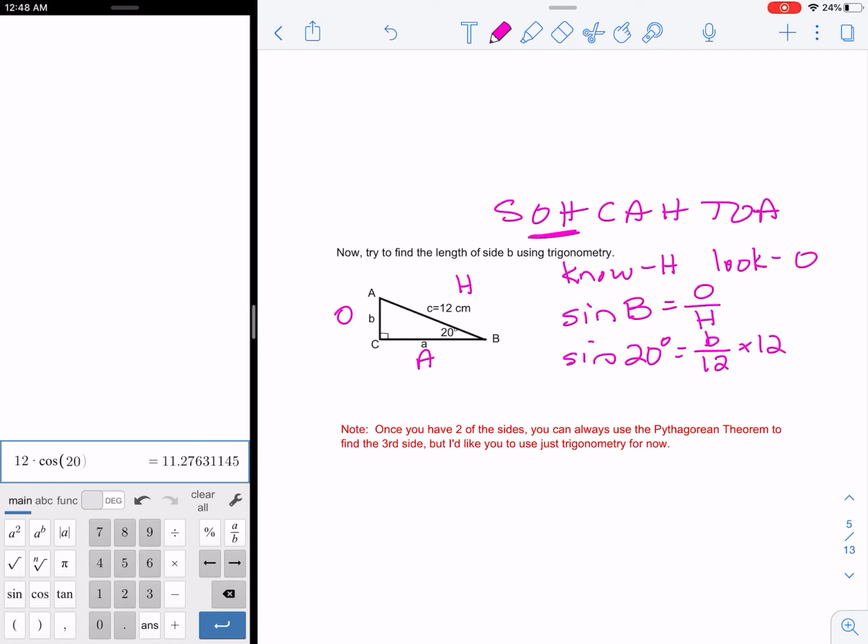Multiply both sides by 12, and you get that B equals 12 times sine of 20 degrees. So 12 times sine of 20 degrees, it looks like B is 4.10 centimeters.